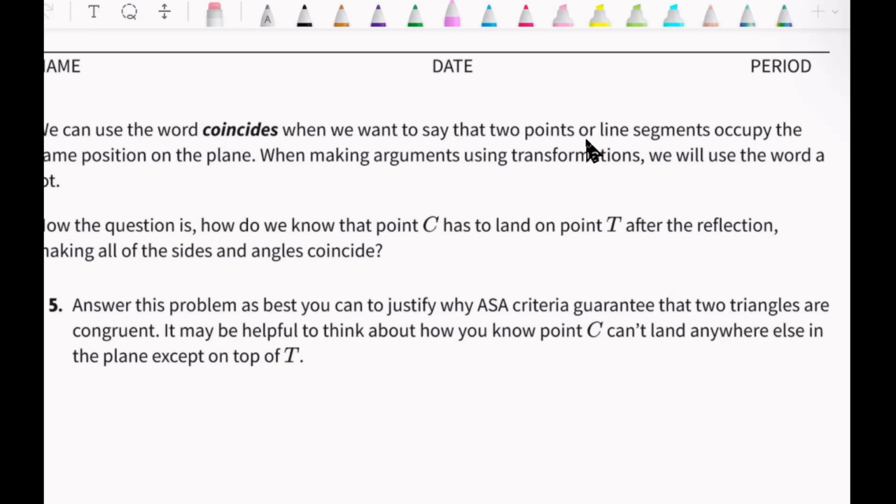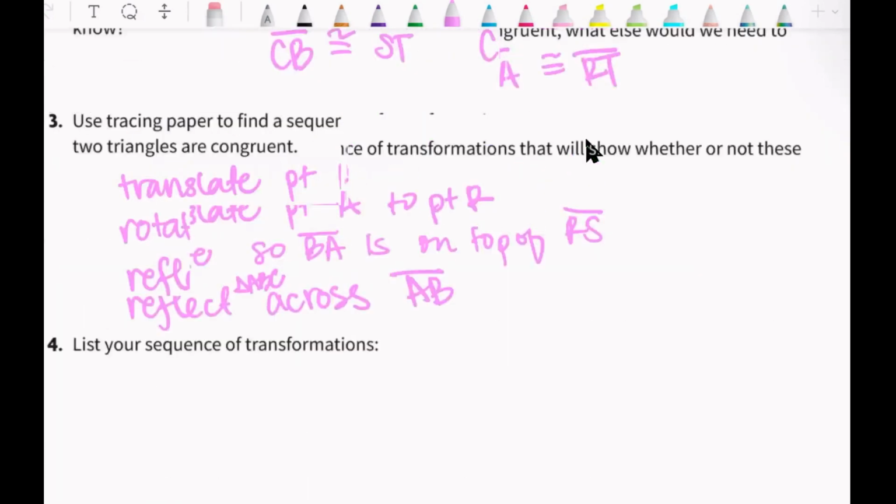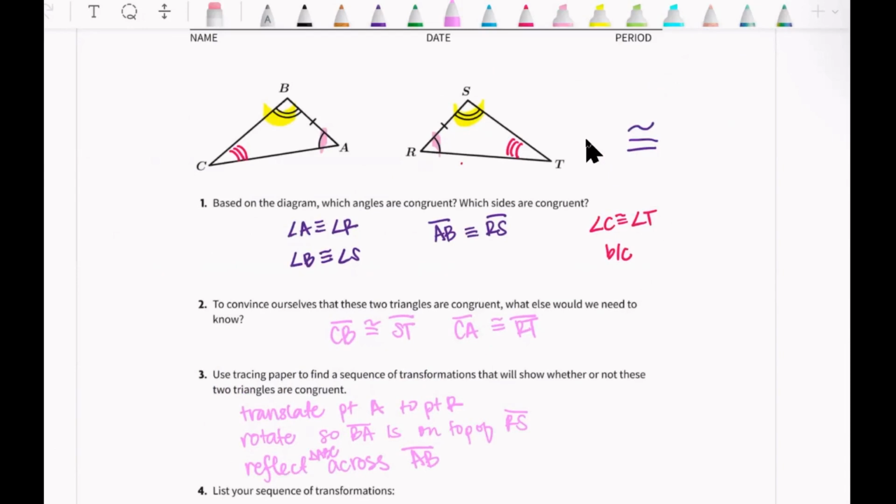It might be helpful to think about why point C can't land anywhere else in the plane except on top of T. Once you rotated and reflected it, C and T are on top of each other.